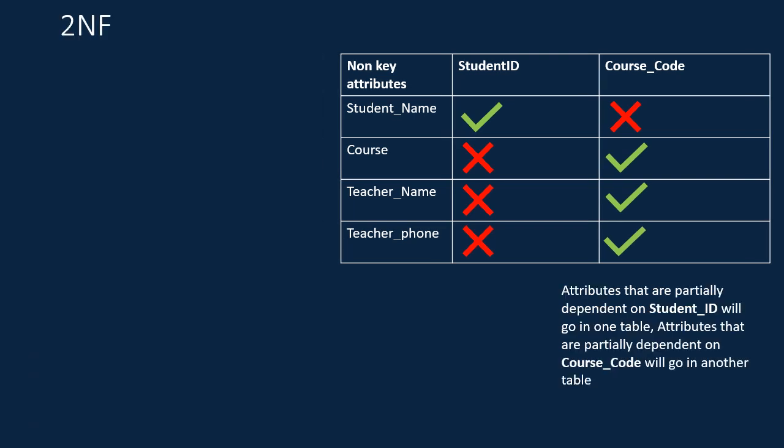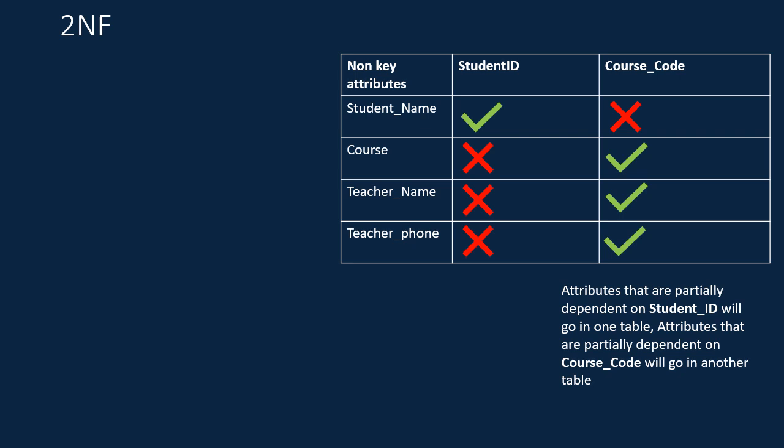Now that we have created our nice grid that determines which of our non-key attributes were partially dependent on the primary key, what we can do then is split our table to put it into second normal form. So we can see that student name, our non-key attribute, is only dependent on the student ID, so it's only partially dependent on the key.